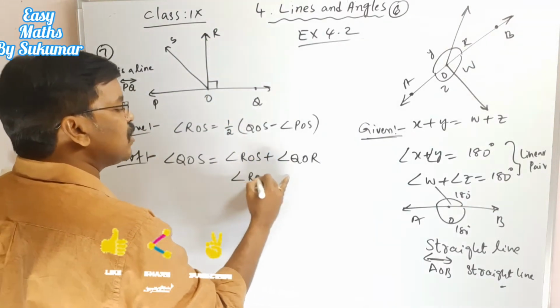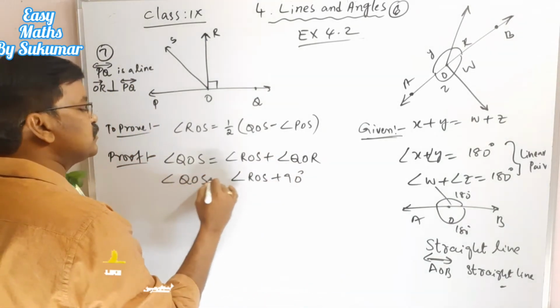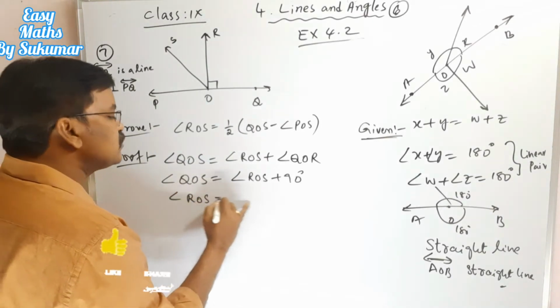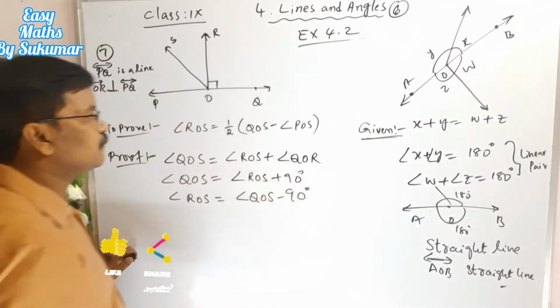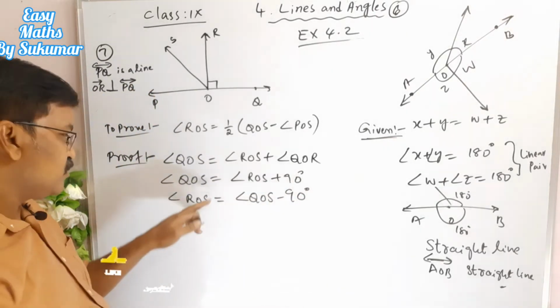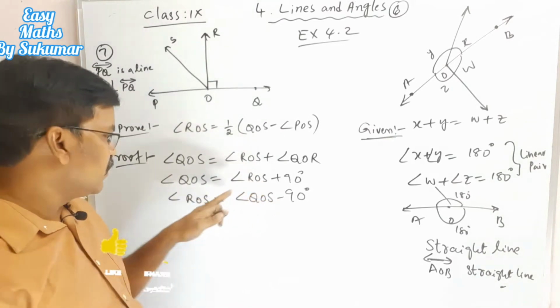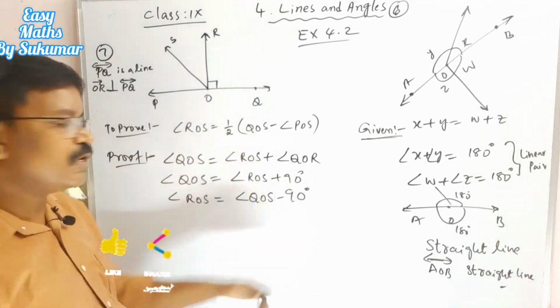So angle QOS is equal to angle ROS plus 90 degrees. That means angle ROS is equal to angle QOS minus 90 degrees. Just transpose this 90 degrees, make ROS the subject.